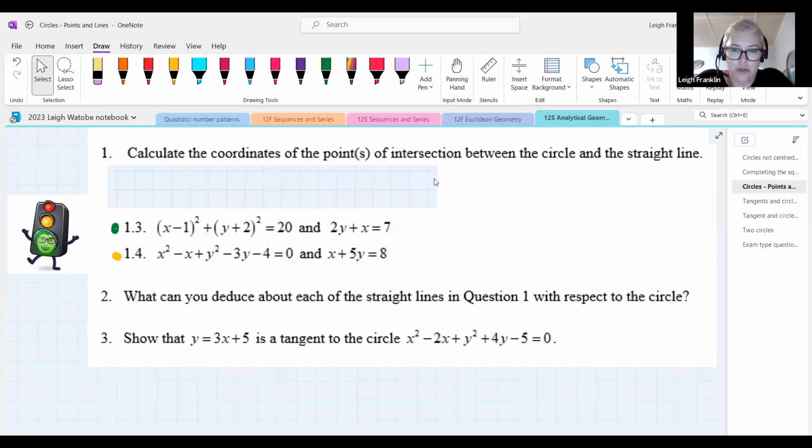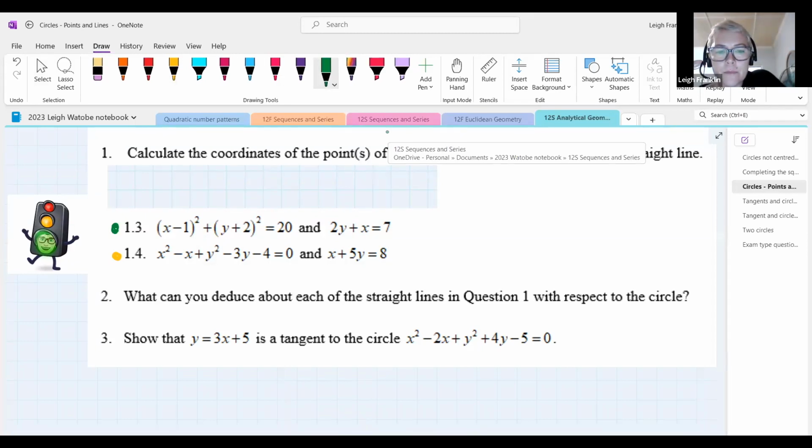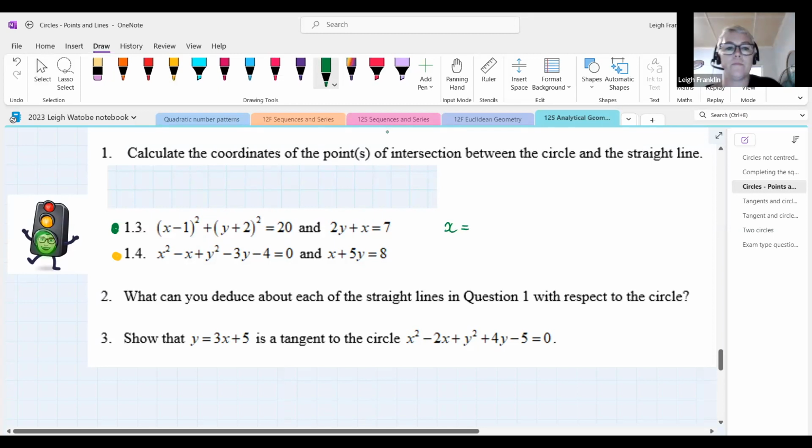You're supposed to substitute like I've just shown you. But you've got to take which one is the linear equation? Is it 2y plus x is equal to 7? Lovely. Now make x the subject of the formula. What would you write? x is equal to 7 minus 2y.